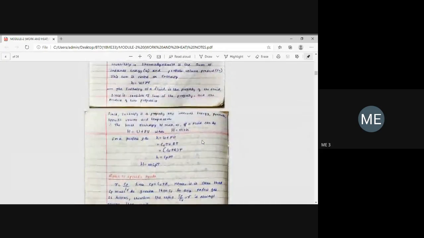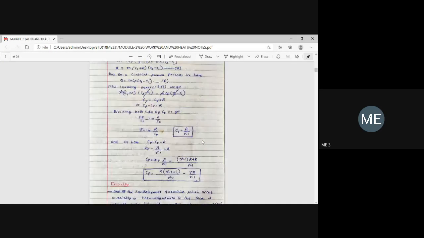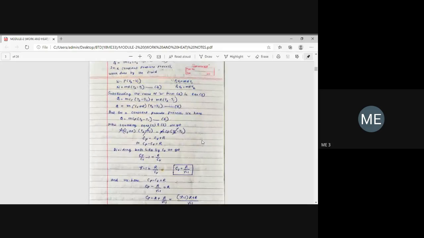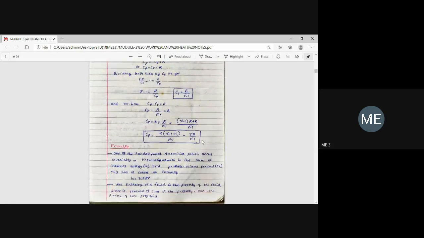Okay, are you seeing the screen, guys? I think it is there in this equation.